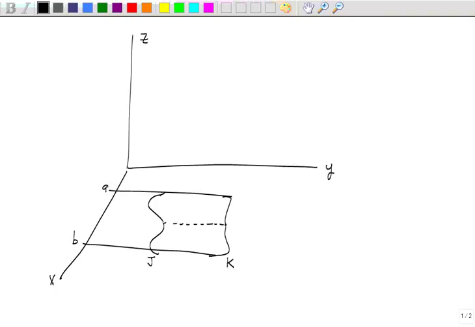And in 3 dimensions, here's the surface up here, but say this c is the trace in the surface.